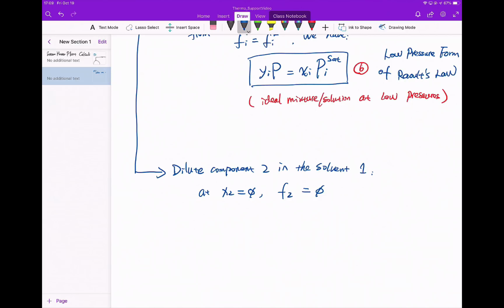And we use Taylor series expansion to expand that equation, which is f2 now is described as f2 at x2 goes 0 plus df2 dx2 at fixed T, P, x2 goes 0, times x2 minus 0.